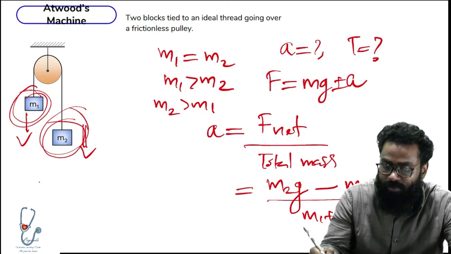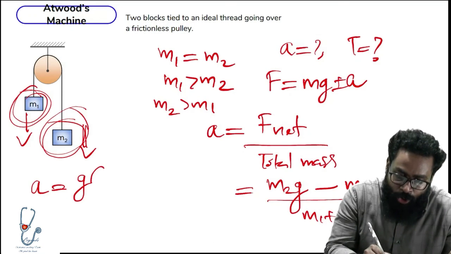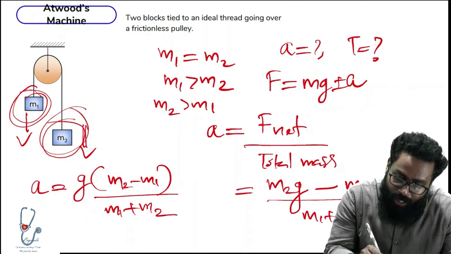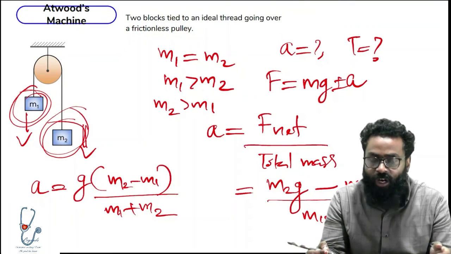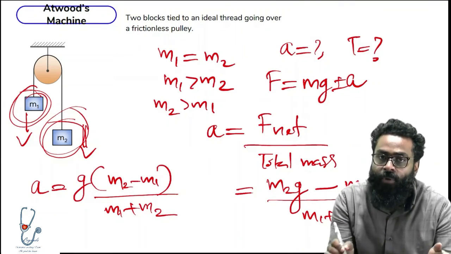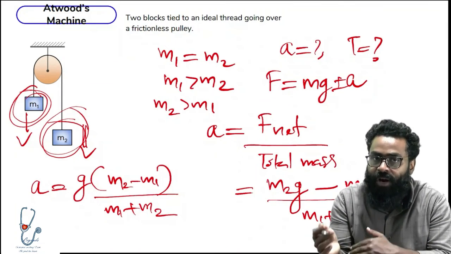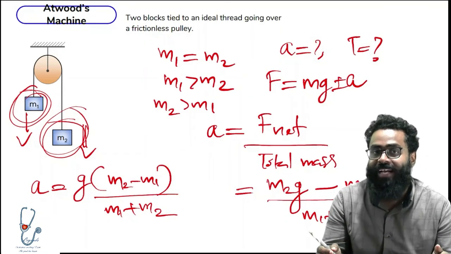So a equals g times (m2 minus m1) divided by (m1 plus m2). This is the equation of acceleration.